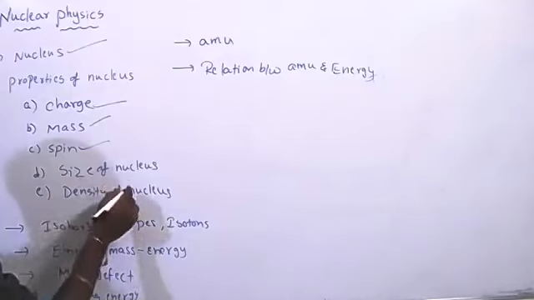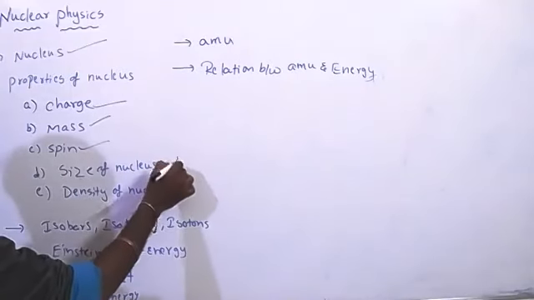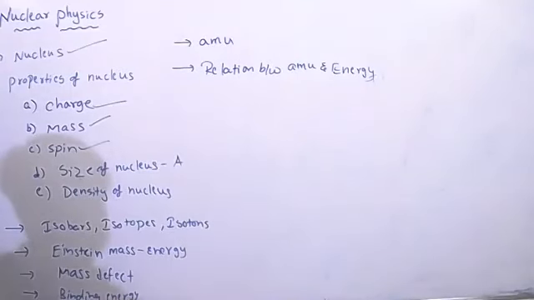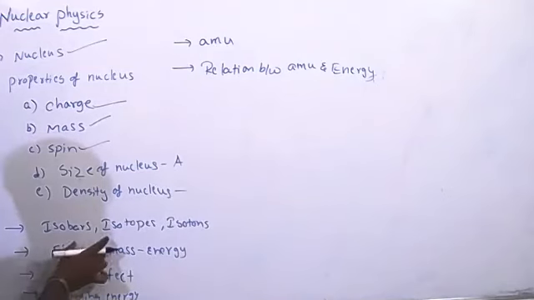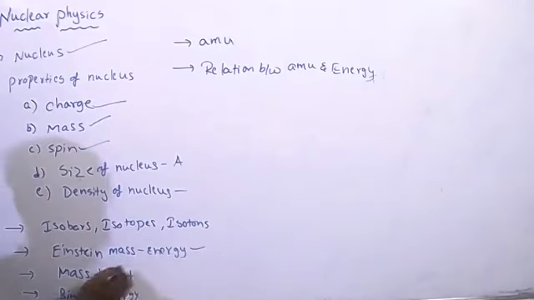And the size of the nucleus varies with the atomic number and density. Isobars, isotopes, isotones, we explained. Today, mass and Einstein's mass energy relation, how we have to convert. Once you read this, afterwards you should not need to revise. Like that you have to read.